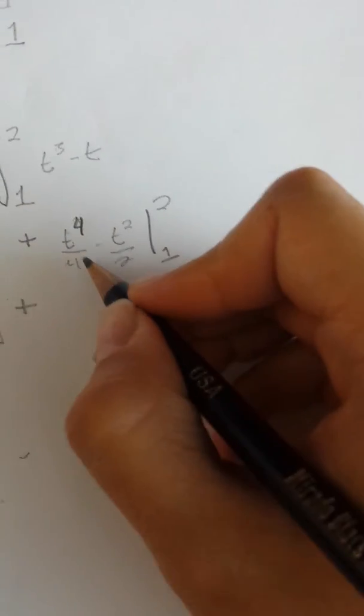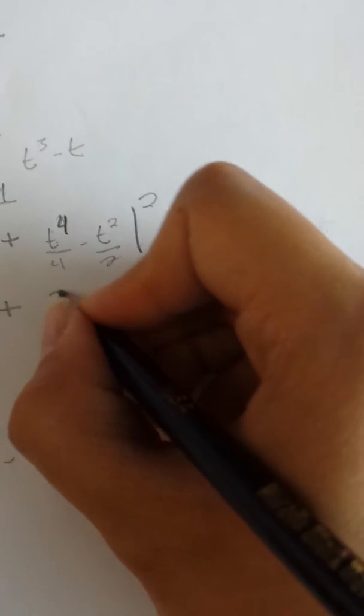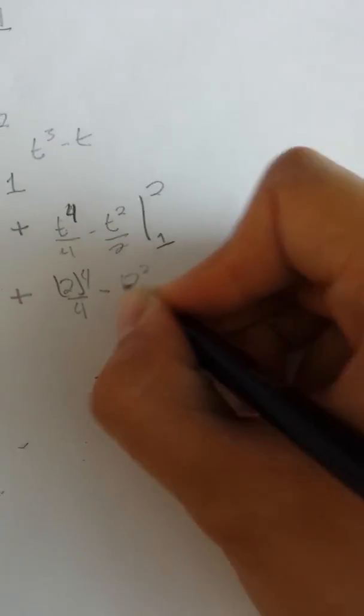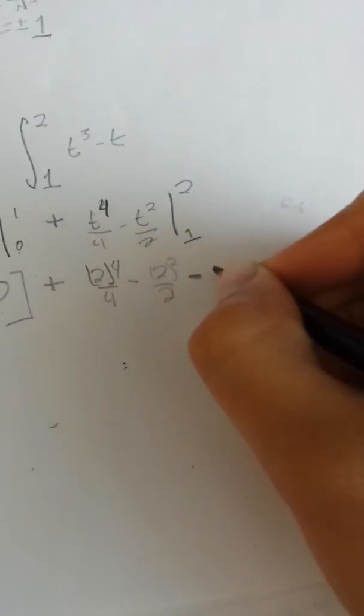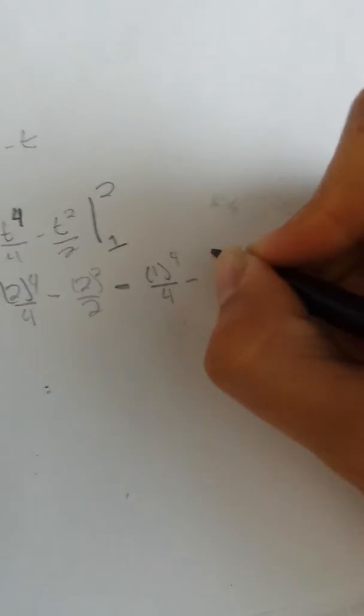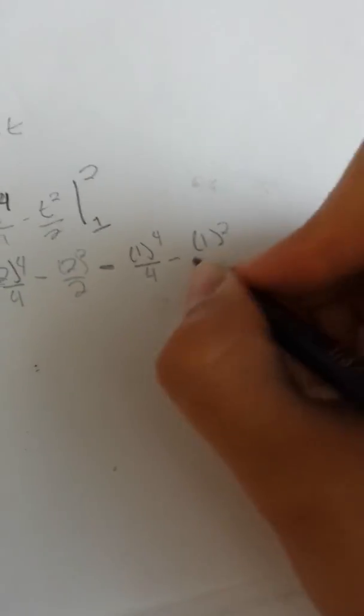And then this is being added to the second integral from 1 to 2: 2 to the 4th over 4 minus 2 squared over 2, minus, now you plug in 1: 1 to the 4th over 4 minus 1 squared over 2.